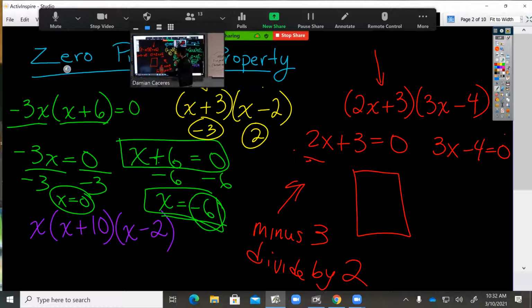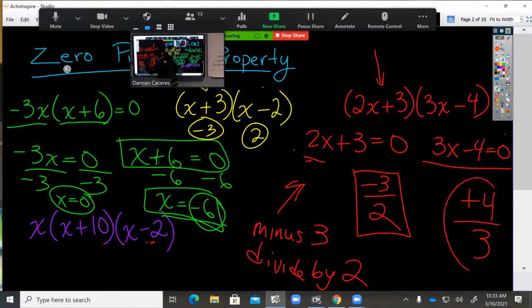The two steps were subtract 3, divide by 2. That's my answer. So use that same common sense for this one. What are the two steps here? Add 4 and divide by 3. That's my answer. That's my solution.